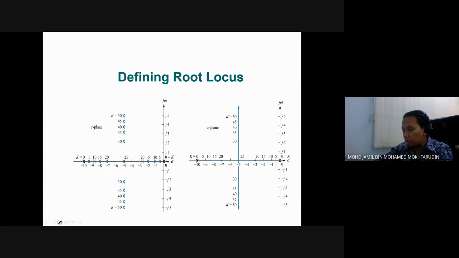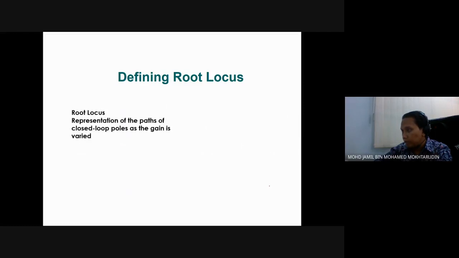Okay, so when you plot the root locus, when you connect all the lines, you will see a graph form. This graph is what we call the root locus: the variation of the poles when you vary the value of K. So root locus basically represents the path of closed loop poles as the gain varies.